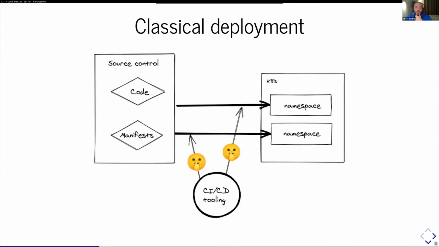A classical model of deployment has us store our source code and non-confidential manifests in one or more repositories in source control, and delegate the responsibility of injecting sensitive data to CI/CD tooling like Circle CI, Travis, Jenkins, etc. This is where you just inject secrets before it ends up in your Kubernetes cluster.